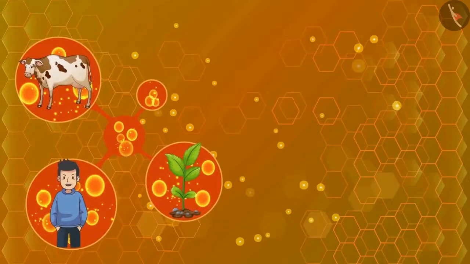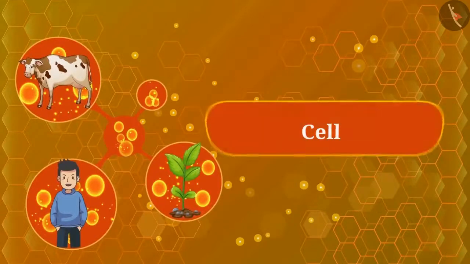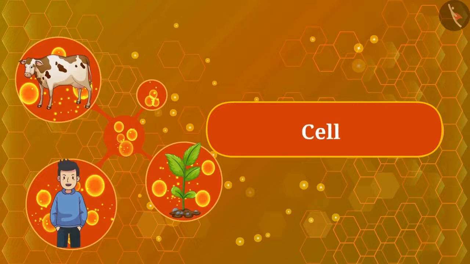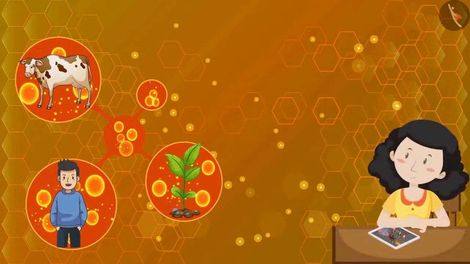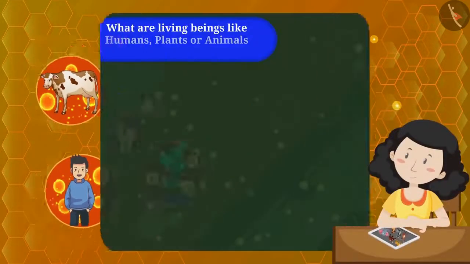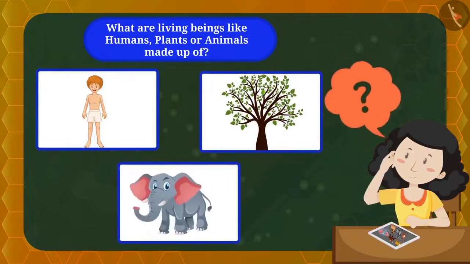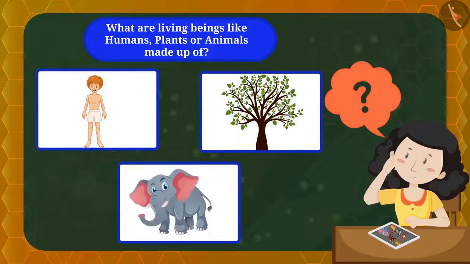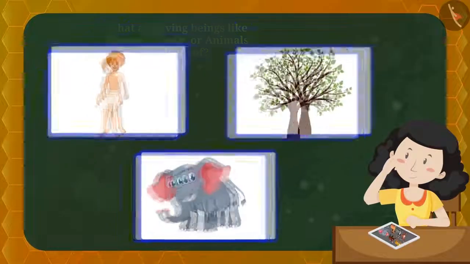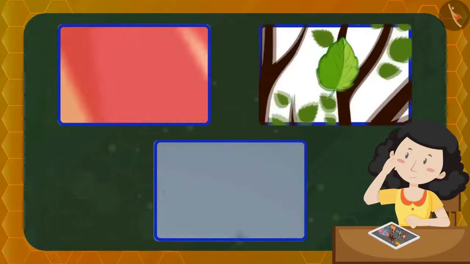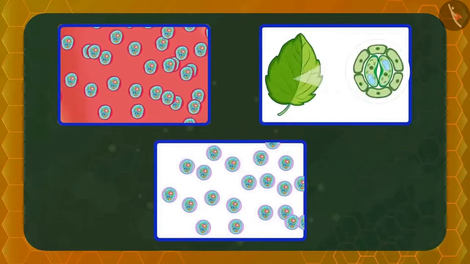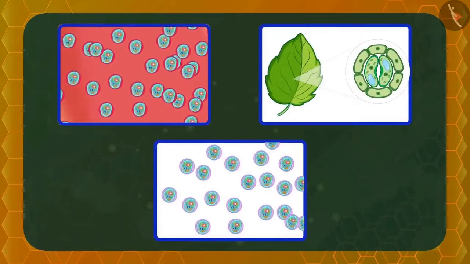Everyone, welcome back. Today in this video, we will learn about cell. Friends, have you ever thought what living beings like humans, plants or animals are made up of? Well, let's see. If we zoom into all these living creatures, you can see small compartments.